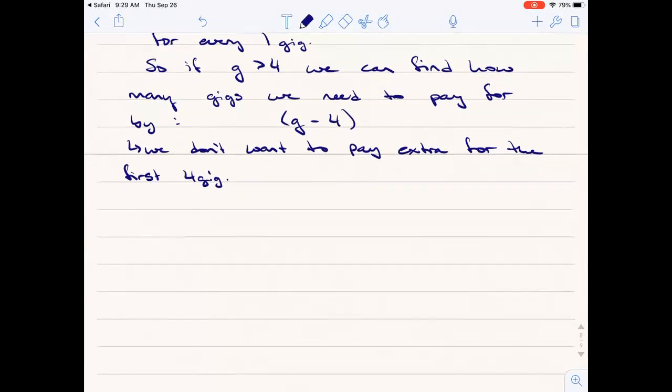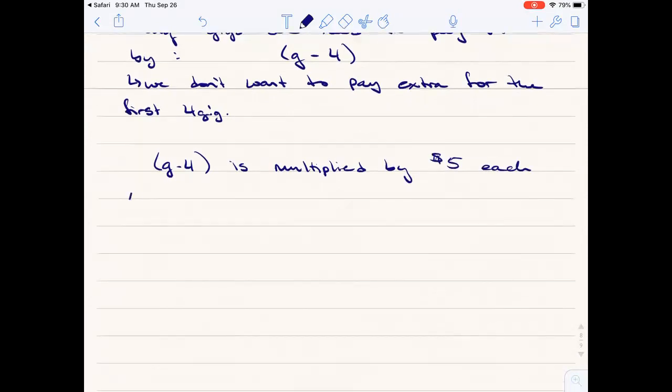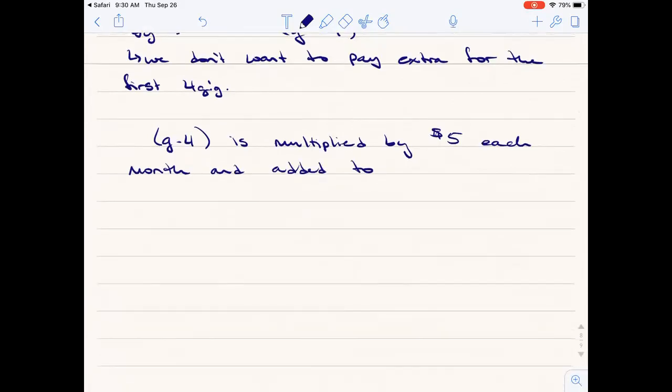So G minus 4 is multiplied by 5 and added to the base price of $60.